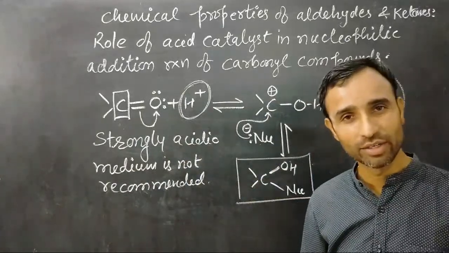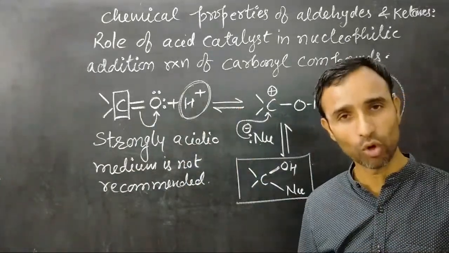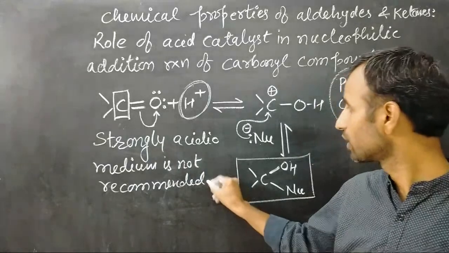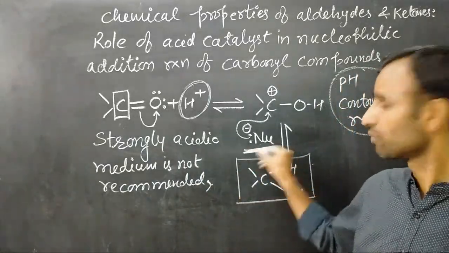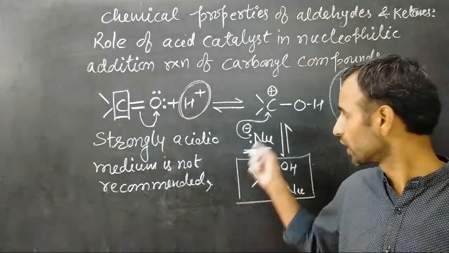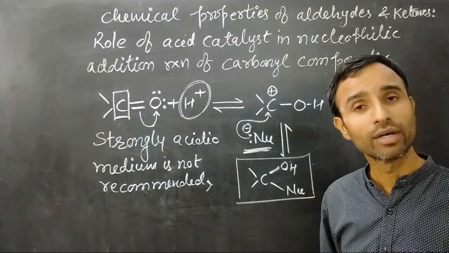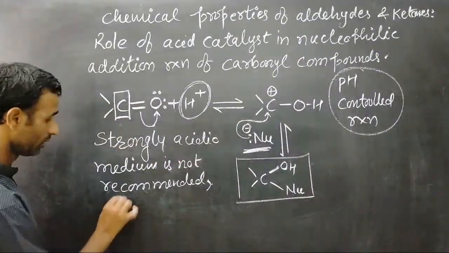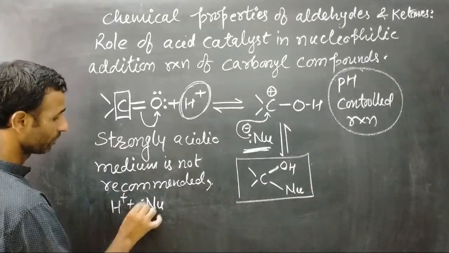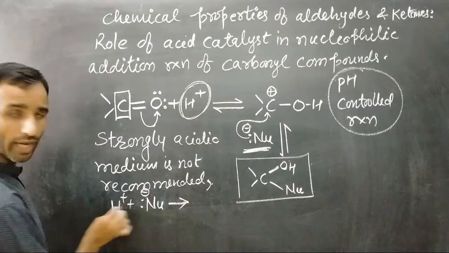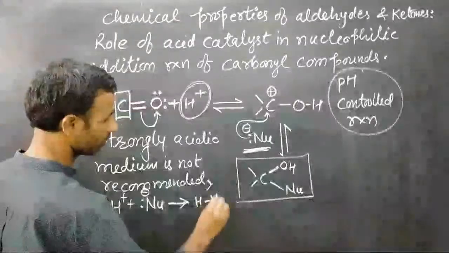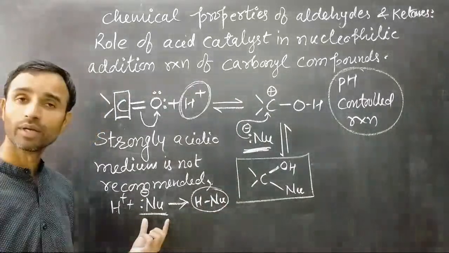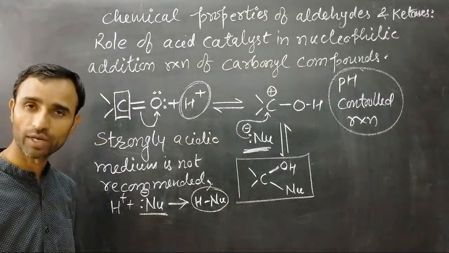Stronger acid is added, pH will decrease more. Then what would happen if medium is strongly acidic? Then even nucleophile will get protonated. So it loses its nucleophilic ability. Like if medium is strongly acidic, then even nucleophile will get attached to H plus, and therefore it is no more nucleophilic. Means it loses its ability to act as a nucleophile.